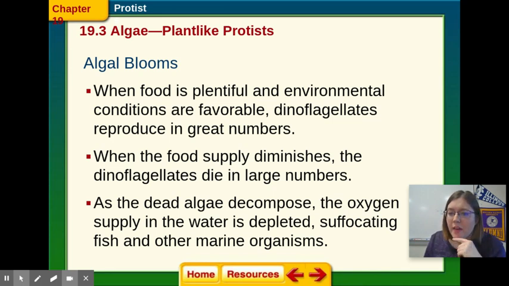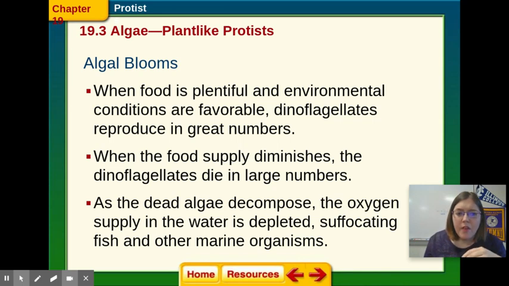So one thing we have to watch out for in our world is called algal blooms, right? When there's a lot of food in the environment, lots of sunlight, conditions are favorable, these dinoflagellates actually reproduce in huge numbers. It's called an algal bloom for a reason.